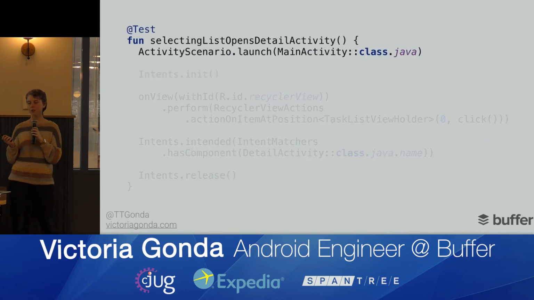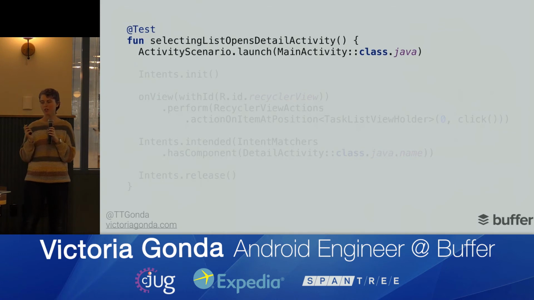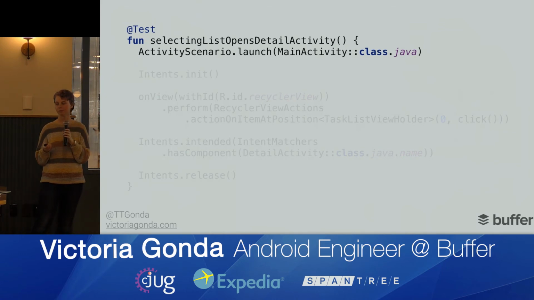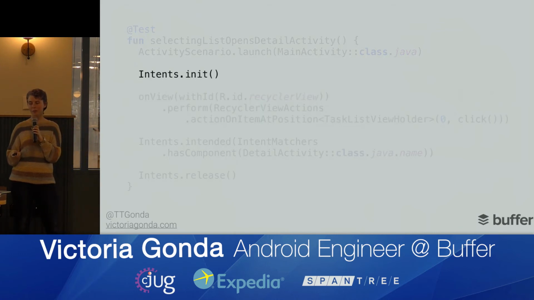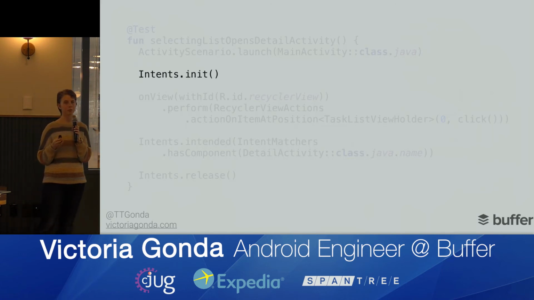We start by using the activity scenario, just like before, to launch the main activity. Then the first library we added, for intents, is used. We init the intents to listen for intents that are launched.